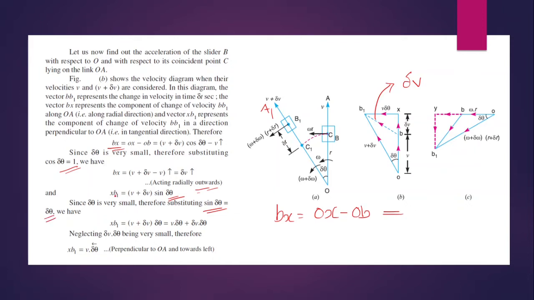Then this equation will become v plus delta v into delta theta, that's equal to v delta theta plus delta v delta theta. Since delta v is very small, and delta theta is also very small, we can ignore this particular term. Then we can say that xb1 is equal to v delta theta.